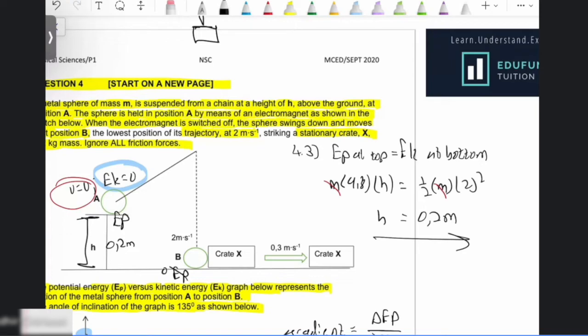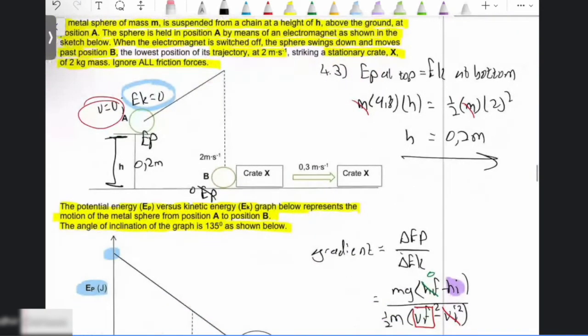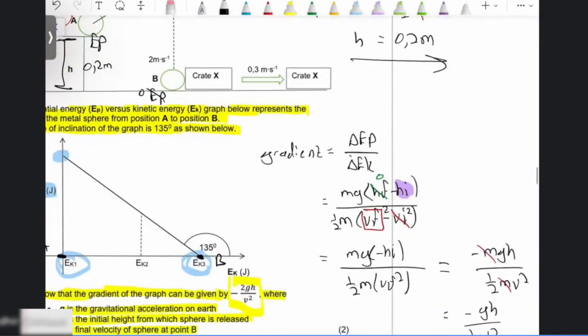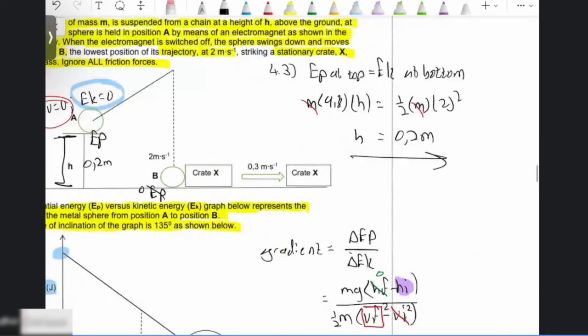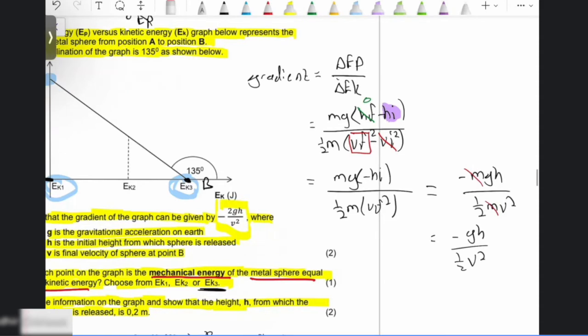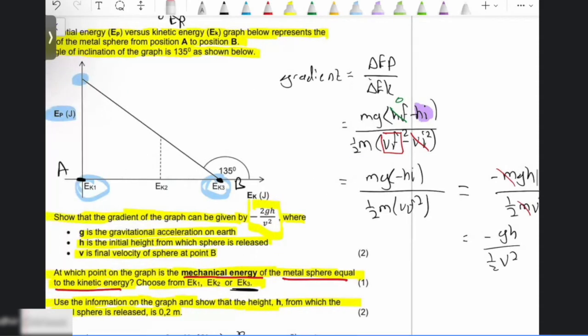So they probably didn't want us to use that there. How else could we have done it? Let's say they wanted us to prove this, because normally when they want us to prove something, we have to use the graph at some point. The gradient of this particular graph would be -1.